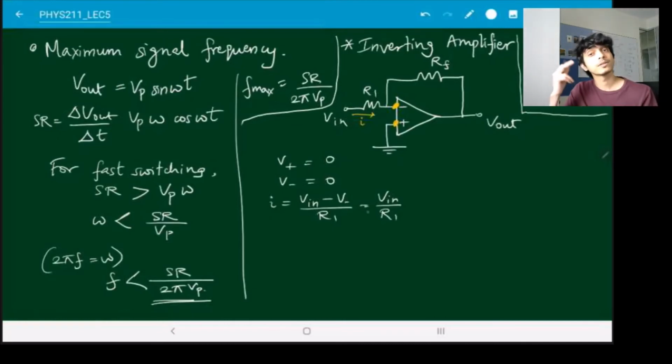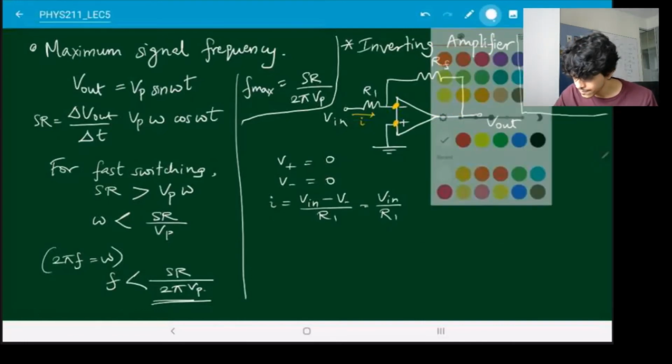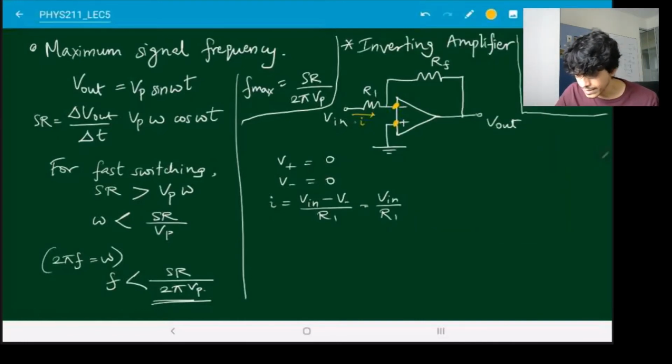Now we invoke one of the other properties of the op-amp, which is that there is no current entering the op-amp. What that means is that this current I, which is flowing through R1, will not go into the op-amp. Instead, the entire current will flow this way.